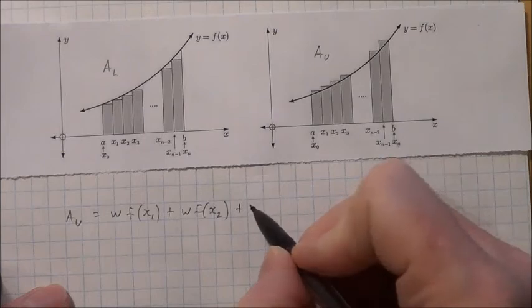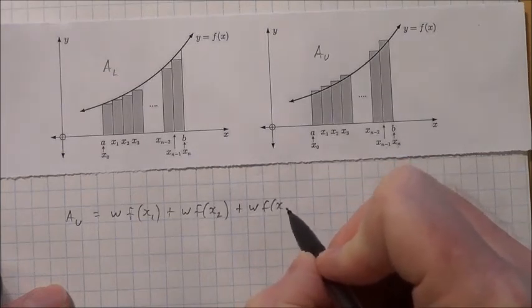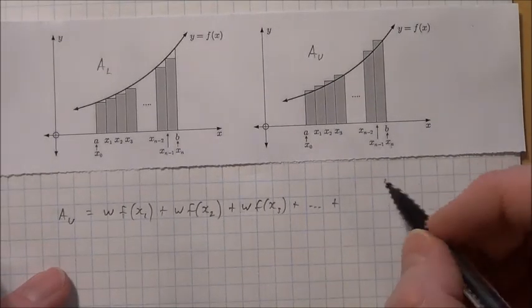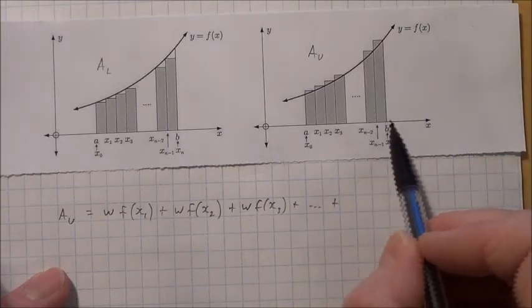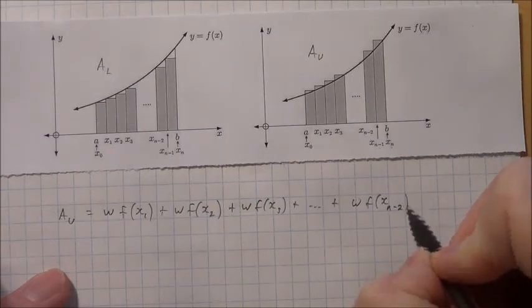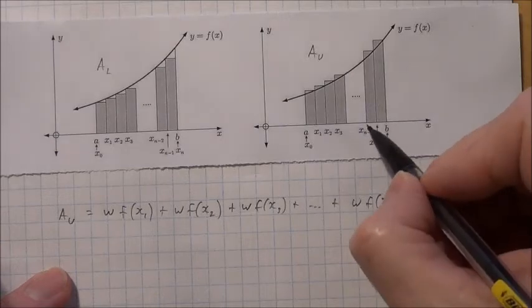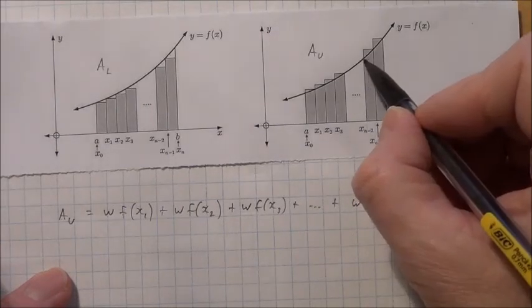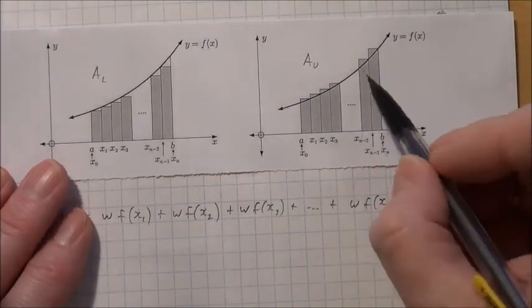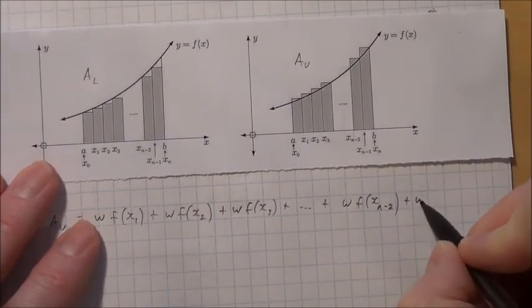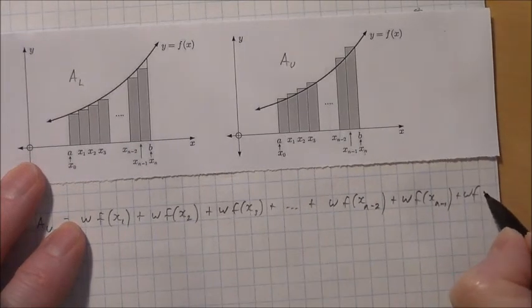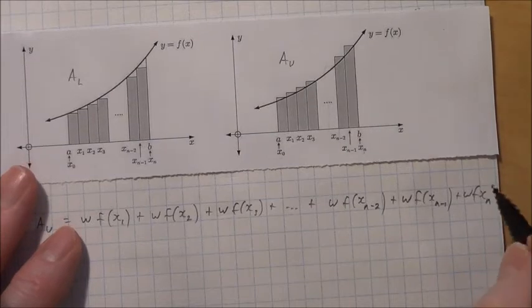Then we've got plus w f of x3, etc., and we continue along, so we've got w times f of x n minus 2, a rectangle not shown here, because that's the x value leading to the upper right corner, plus w f of x n minus 1 plus w f of x n.